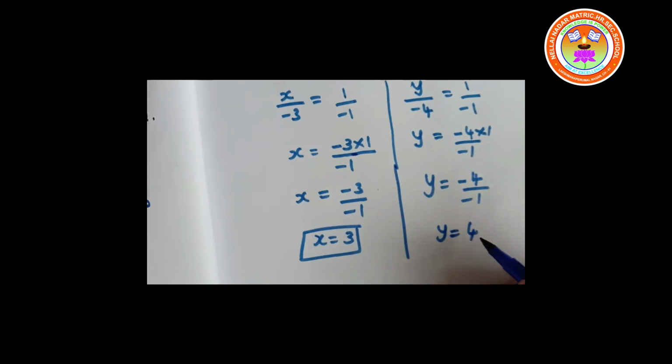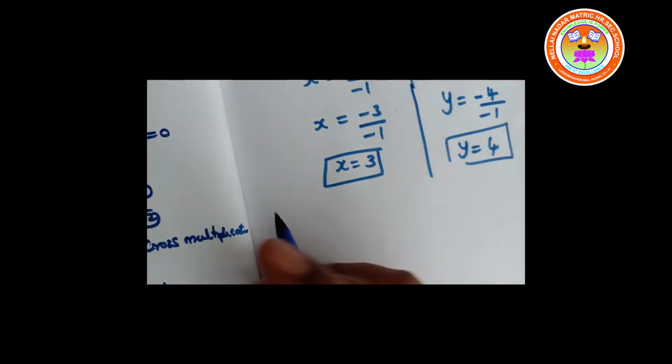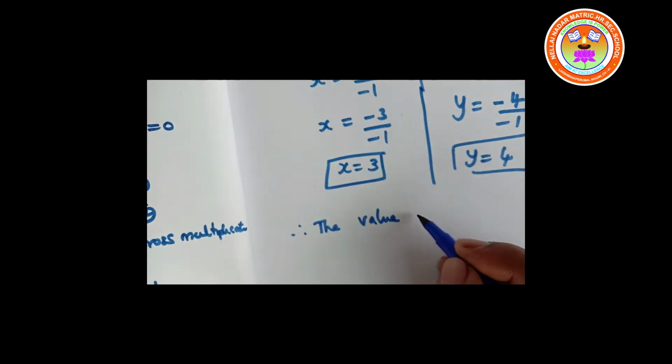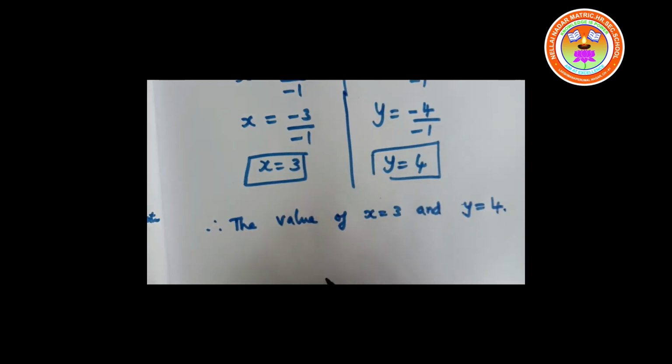The minuses cancel, so x equal to 3 and y equal to 4. Therefore the value of x equal to 3 and y is equal to 4. Is it clear, children?